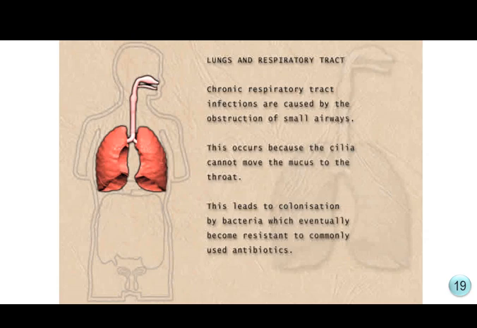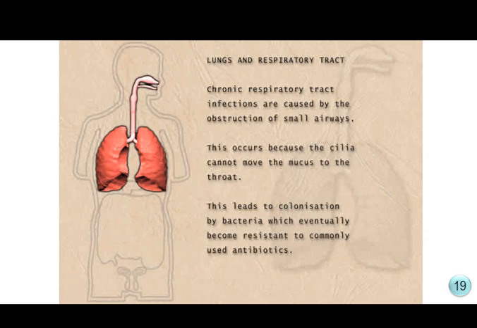The lung and the respiratory tract are the major organs affected by this mutation because you cannot breathe. If the chloride ion abnormality happens in your GI tract, what happens to you? Diarrhea, right?